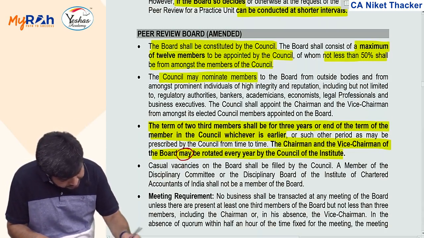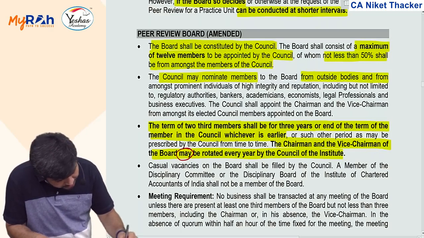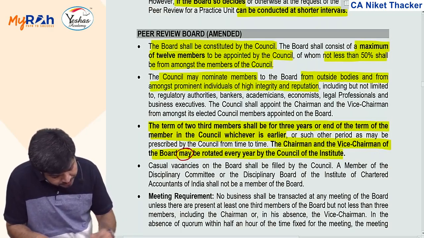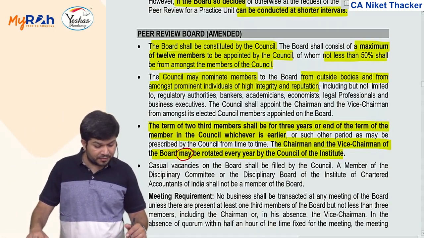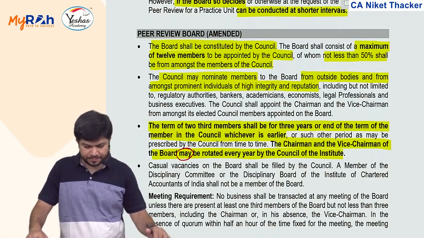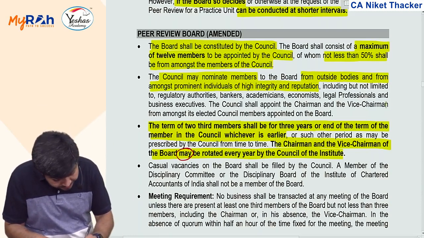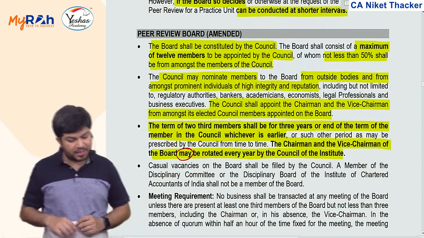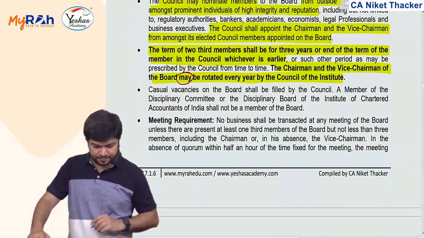Council may nominate member from outside bodies and amongst prominent individuals of high integrity reputation: bankers, academician, economist, legal professional, business executive, koi bhi. It can be. But chairman and vice chairman shall be elected from the council members only. Okay, total 12, majority should be council member, chairman, vice chairman should be from them only.